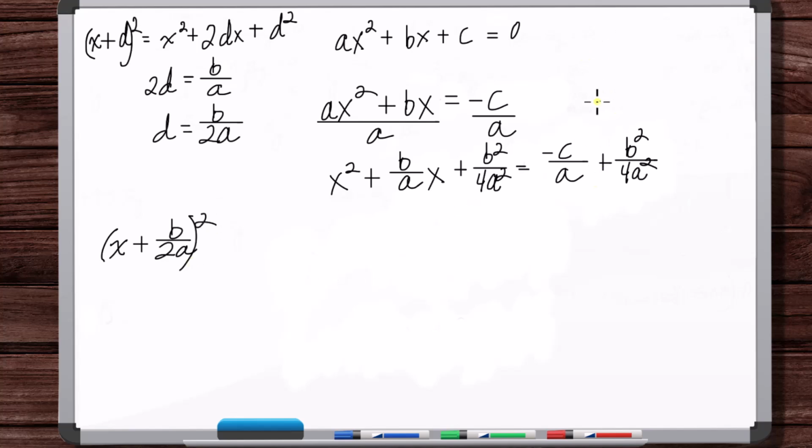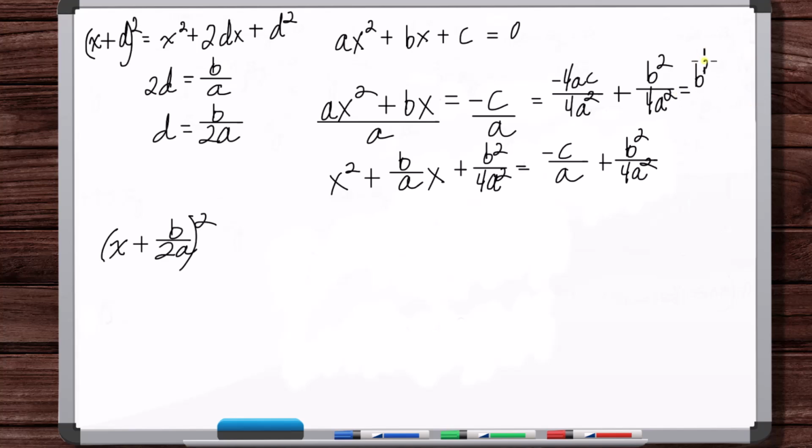Now let's go ahead and simplify this a little bit. We can multiply the first term by 4 over 4, so minus 4c over 4, and then multiply by 4a over 4a, so minus 4ac over 4a squared, plus b squared over 4a squared.